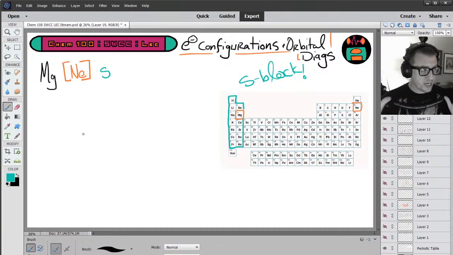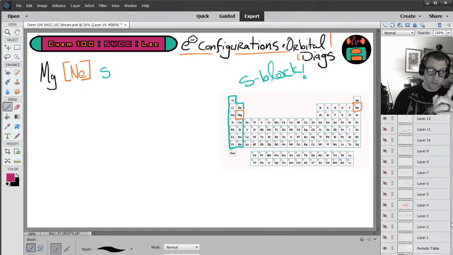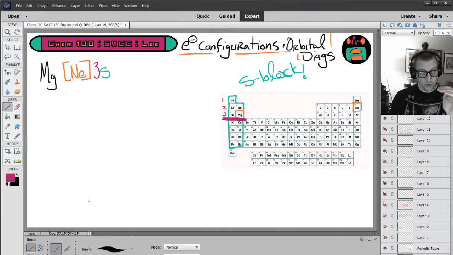So you may be going, okay, subshell's great, but what about the shell? To determine the shell, count your period. Notice that magnesium is on the third period. That means it's in the third shell. This is the 3s subshell. You're like, that's crazy.